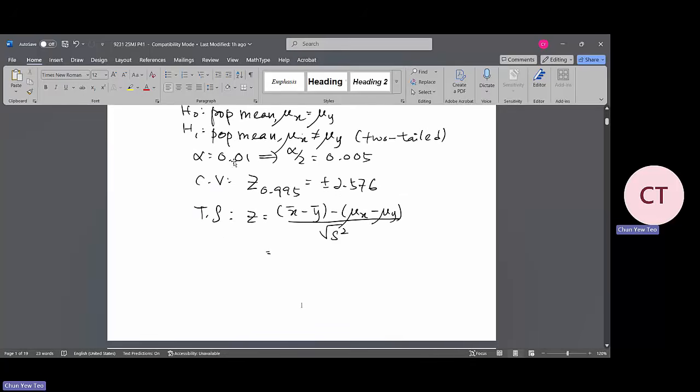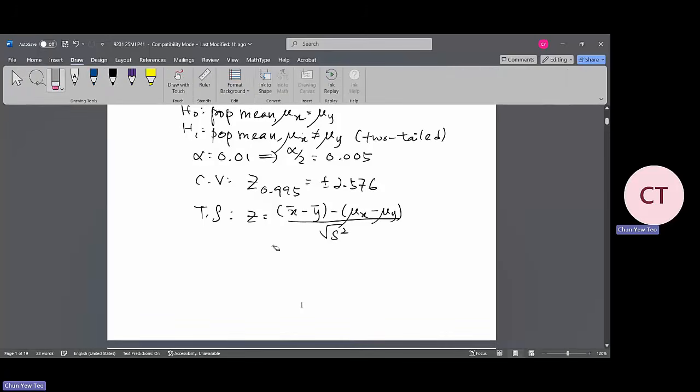To save space, I will straight away write the values inside here: 87.25 minus 82, minus 0, divided by the square root of 2.99939. Press the calculator, and you get the answer as 3.03. We just need to leave our answer in 3 significant figures.